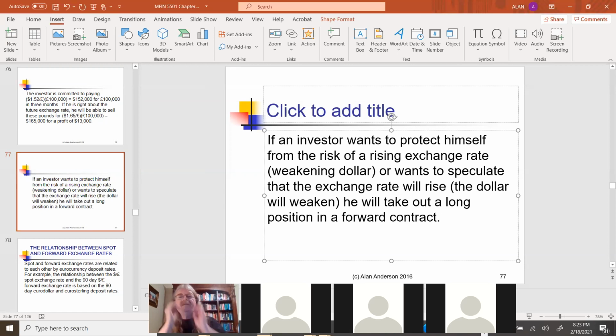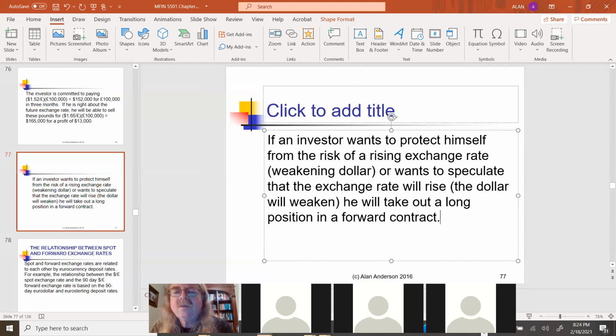Either way, you're going to make a profit. In the case where the hedger locks in a price of 152, if the exchange rate goes up, he's going to save money. In the case of the speculator, if he's right and the exchange rate goes up, he makes a profit.